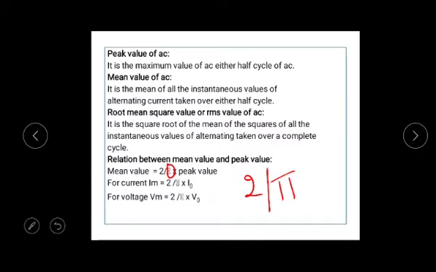Similarly, if you write for current, mean value Iₘ = 2/π × I₀. For voltage it is Vₘ = 2/π × V₀. So 2 by π, make it as 2 divided by π.